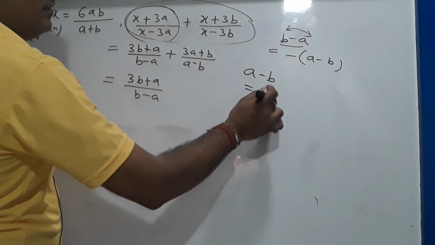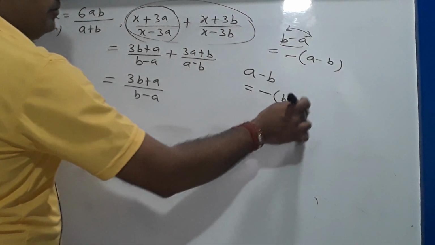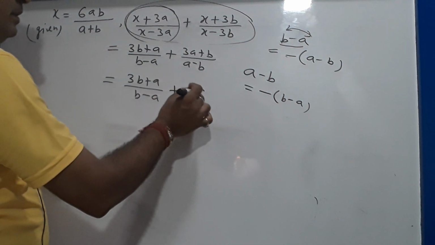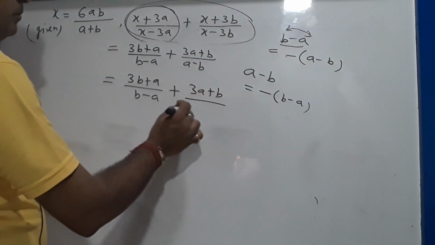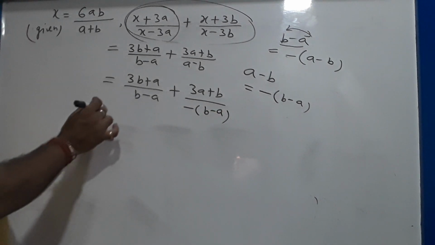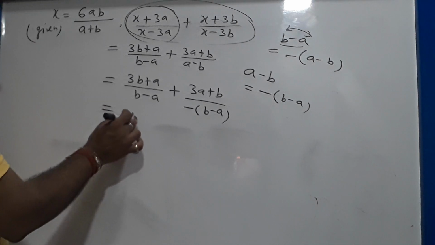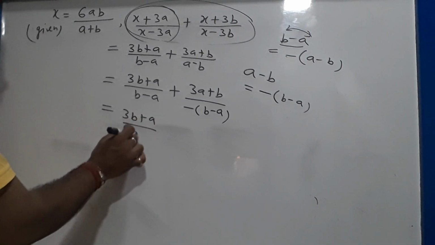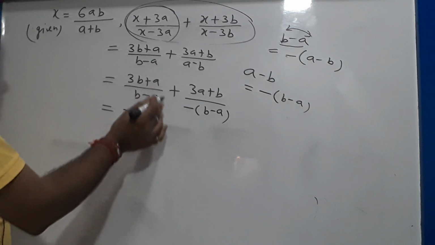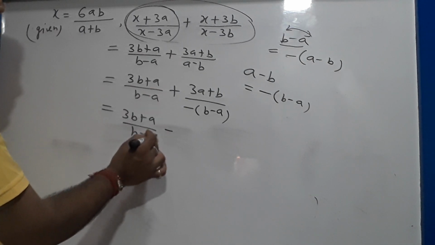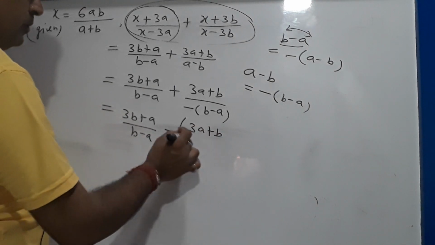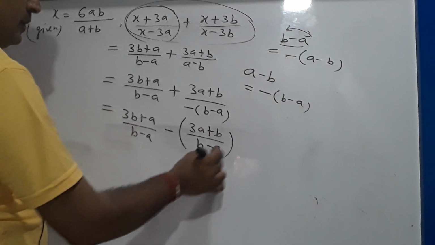Change the order, minus of B minus A. So plus 3A plus B upon minus of B minus A. So 3B plus A upon B minus A, then plus and minus are together. So plus into minus will be minus 3A plus B upon B minus A. Correct?